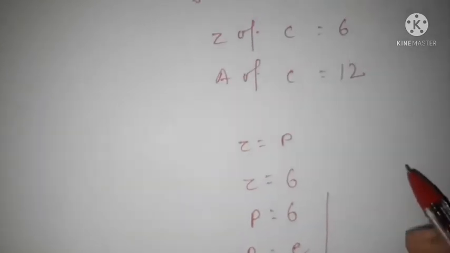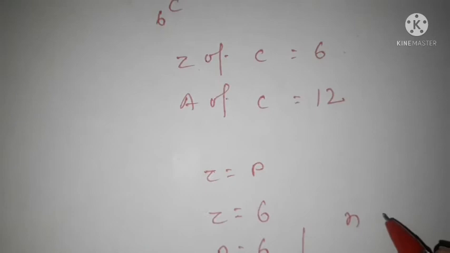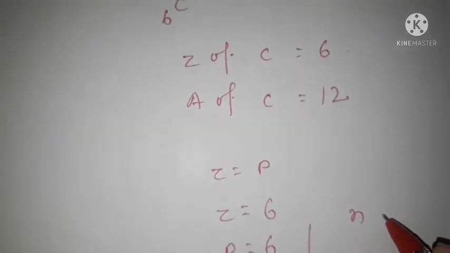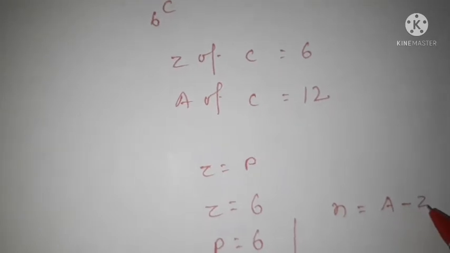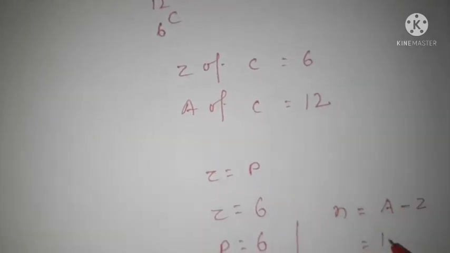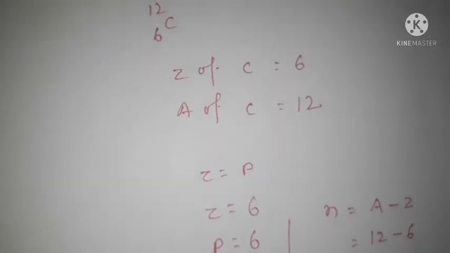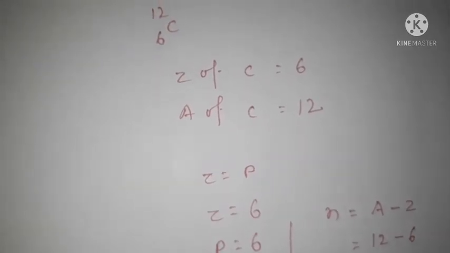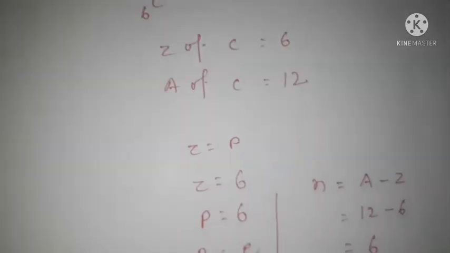Then we calculate the neutrons by A minus Z. A of carbon is 12 and Z of carbon is 6, so the number of neutrons is 6.